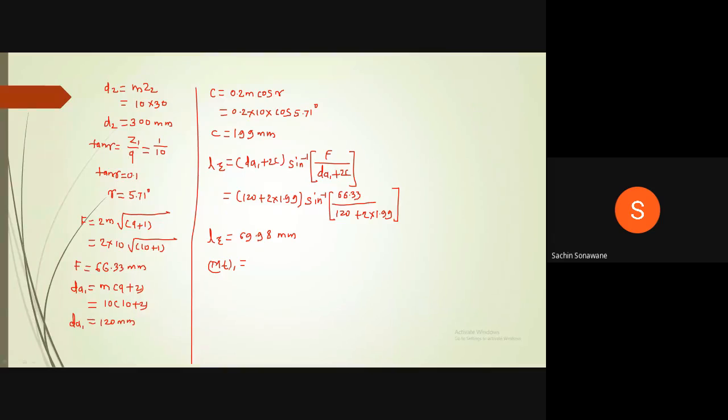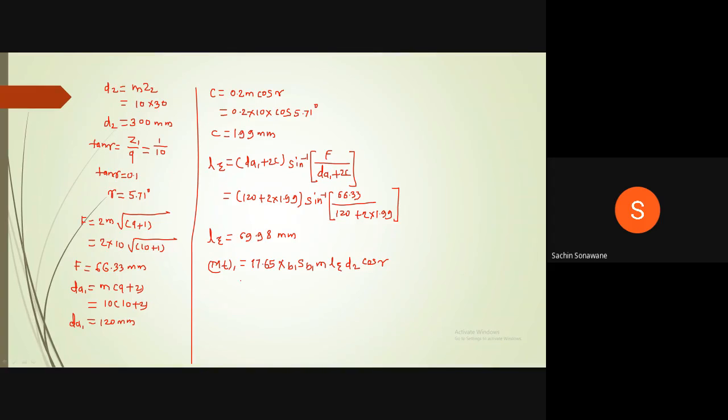Okay, this 69.98 is correct. Then the MT1 formula is 17.65 into XB1 into SB1 into M into LR into D2 cos of gamma.